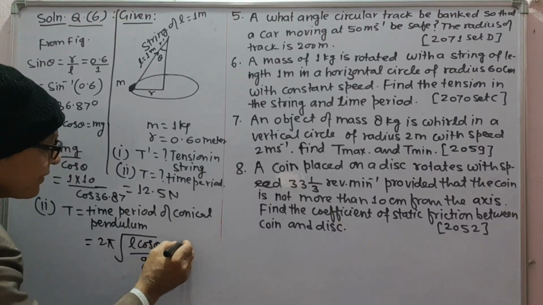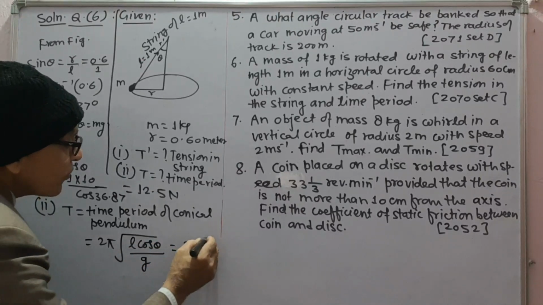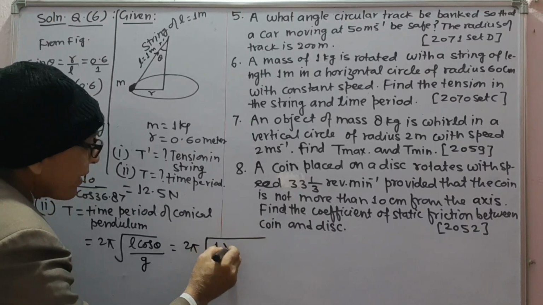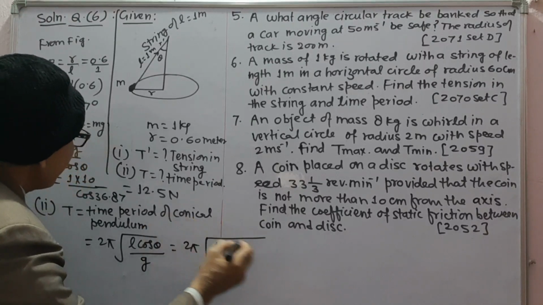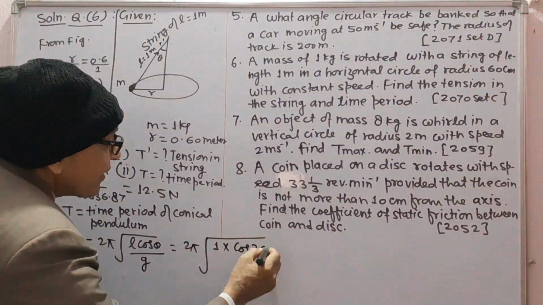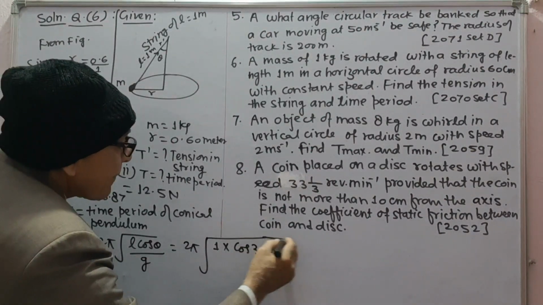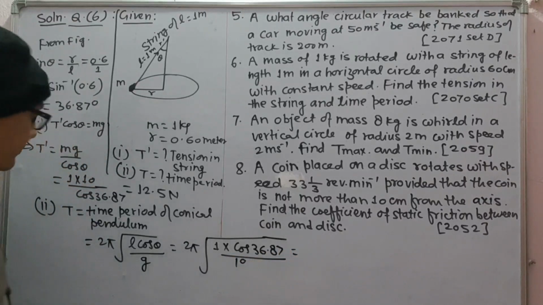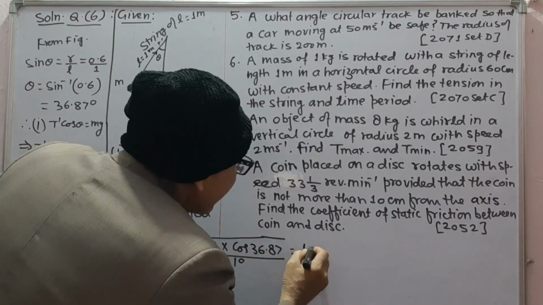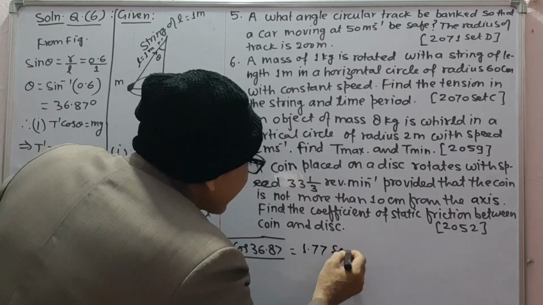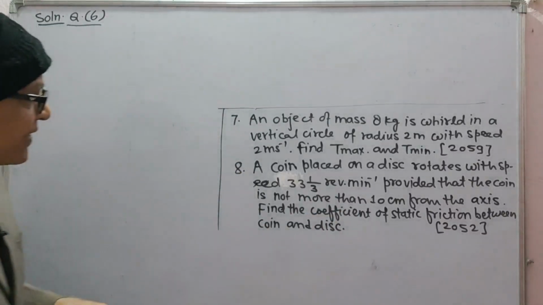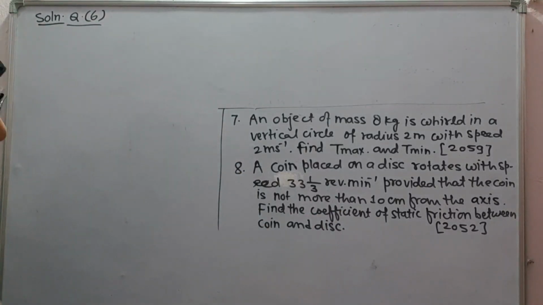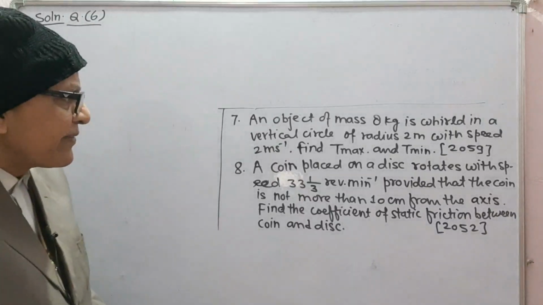Values are known. This is 2 pi under root L is 1, cos theta is cos 36.87 upon g 10, which gives time period as 1.77 second.